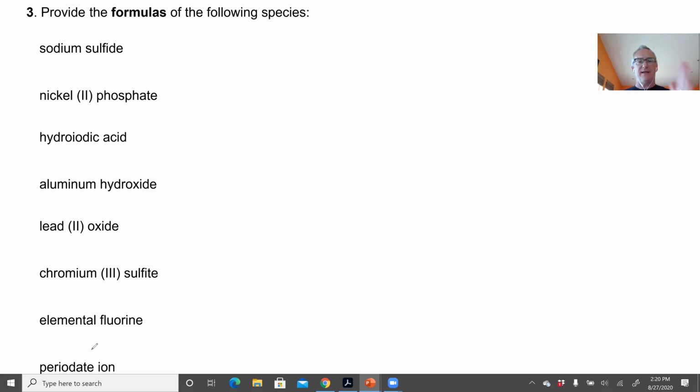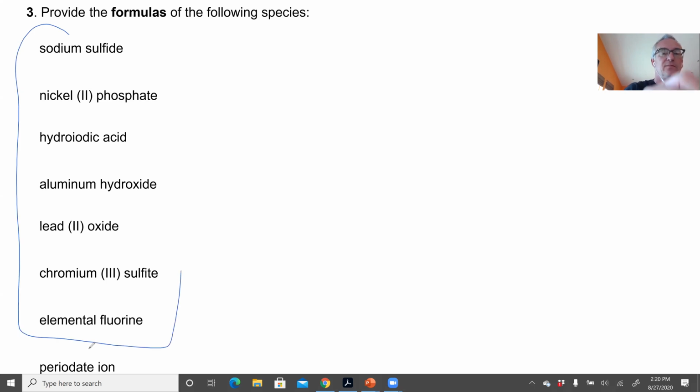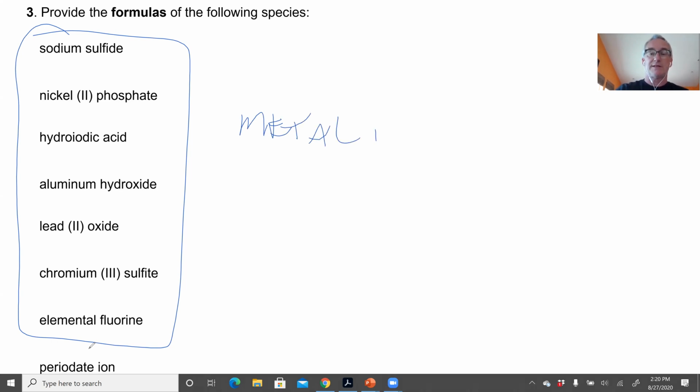So when we have a name like this, these are names, and then we're looking for the formulas with just the chemical symbols. Any name, the beginning of it usually gives us the more positive part. If it's an ionic compound, and remember, an ionic compound is a metal plus a non-metal.